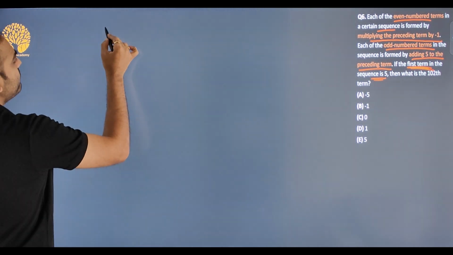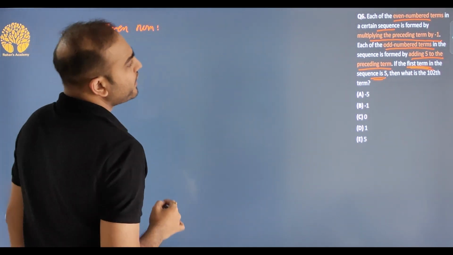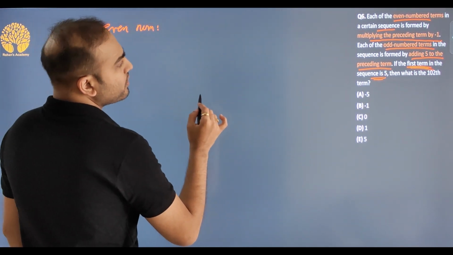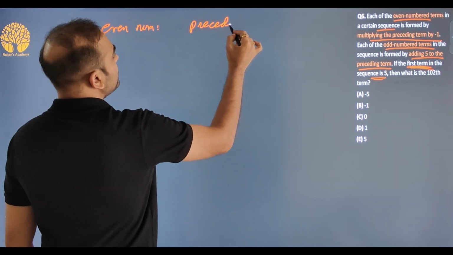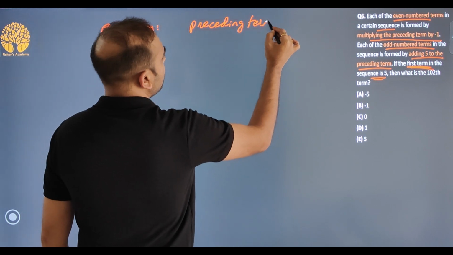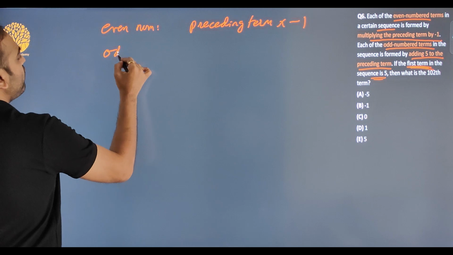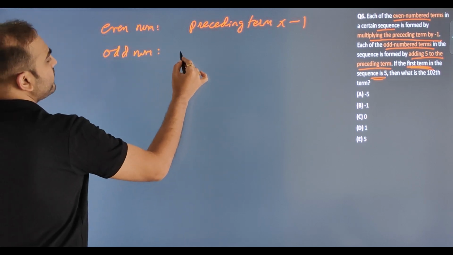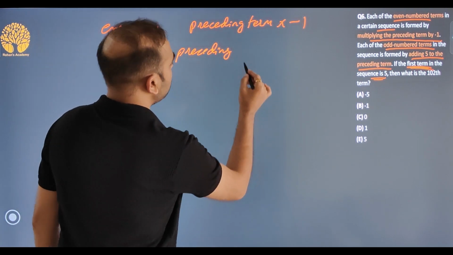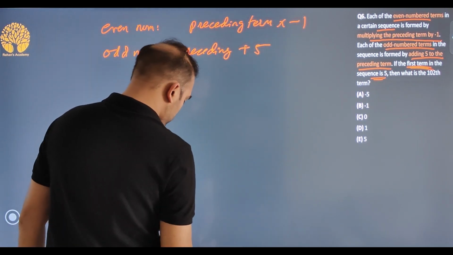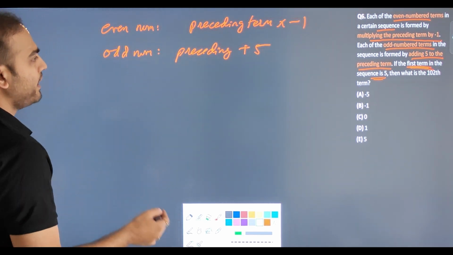So they say if it is an even number term, then the formula is preceding term into minus 1, right? And if it is an odd number term, then it is preceding term plus 5. Okay, we know, let the sequence be A, right?